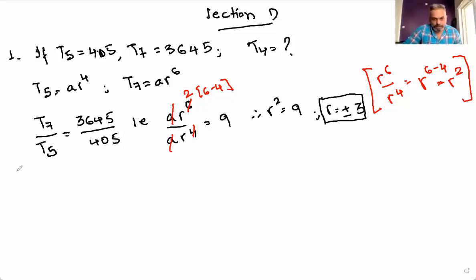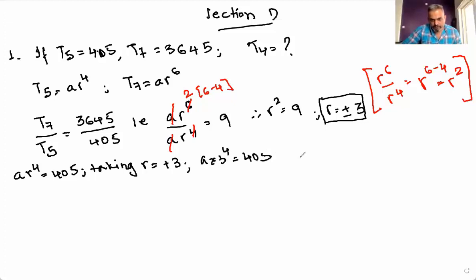Let's find out A. A into R raised to 4 is equal to 405. So first taking R is equal to plus 3. A into 3 raised to 4 is equal to 405. So A into 3 raised to 4 is 81, is equal to 405.